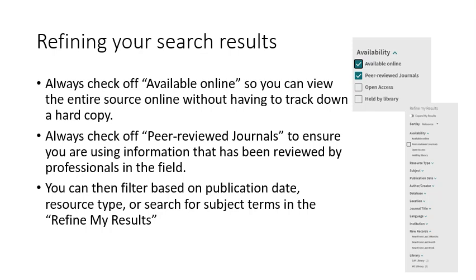Then further down, you will have lots of other ways that you can refine your results. You can refine by the resource type, by the date. You can even select under subject terms, which will help you to search for your topic.